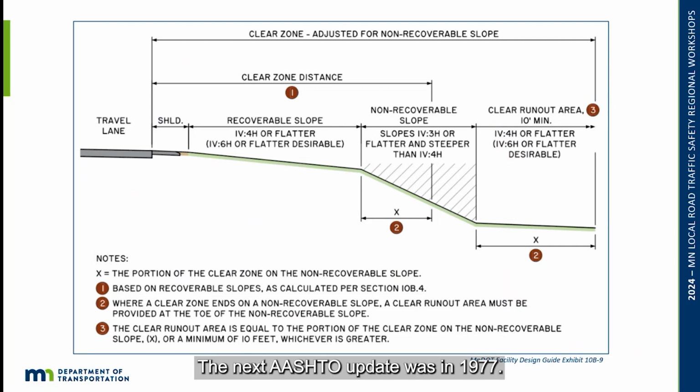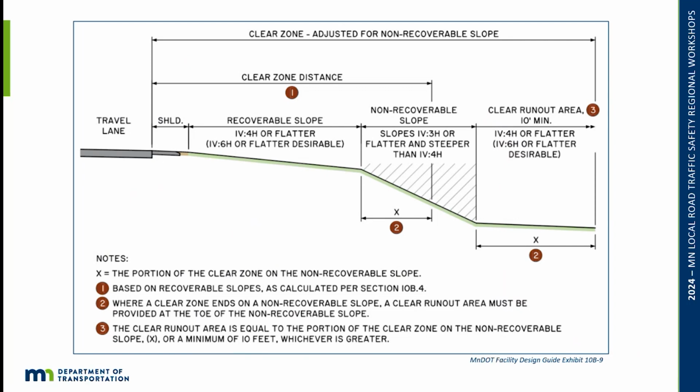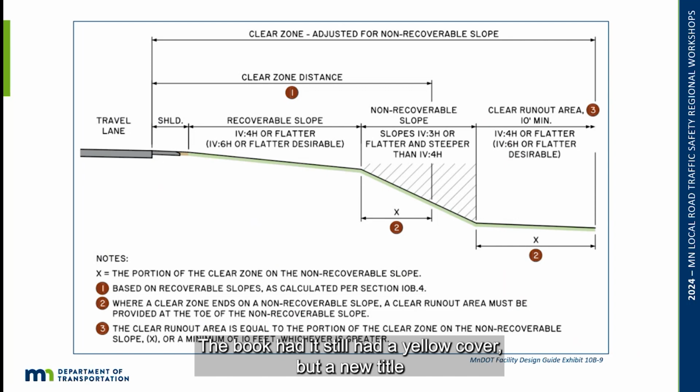The next AASHTO update was in 1977. The book still had a yellow cover, but a new title, Guide to Selecting, Locating, and Designing Traffic Barriers.